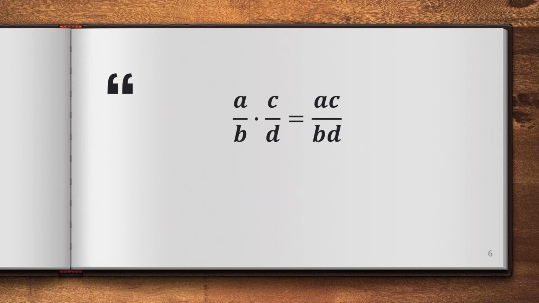In symbols, that is written as A over B times C over D, so that is A times C over B times D. By the way, this dot between these two fractions is a symbol for multiplication. Let us apply the rule.